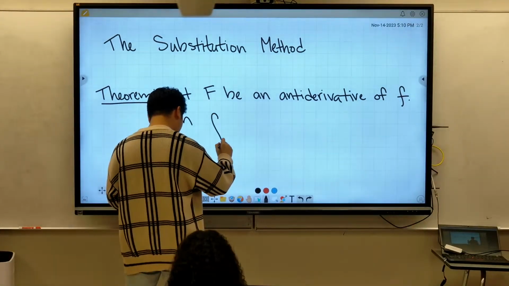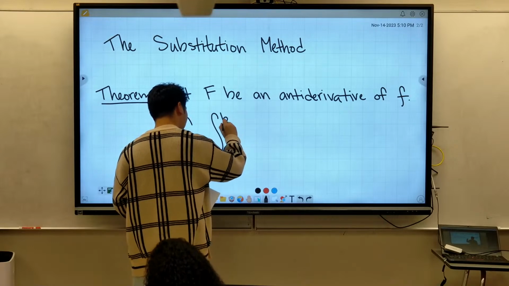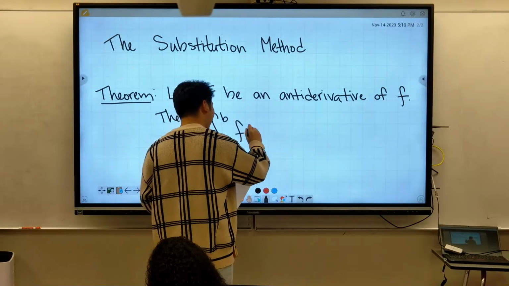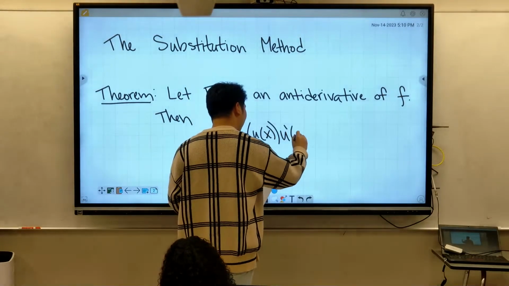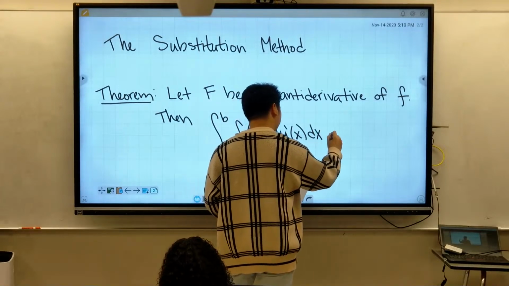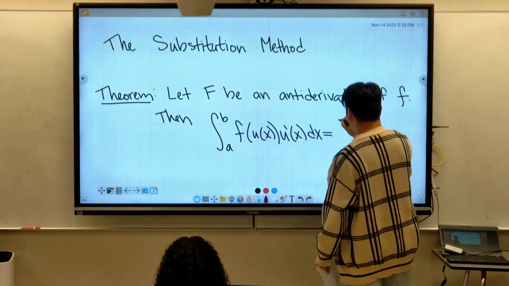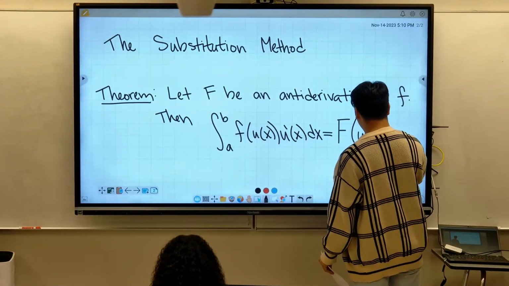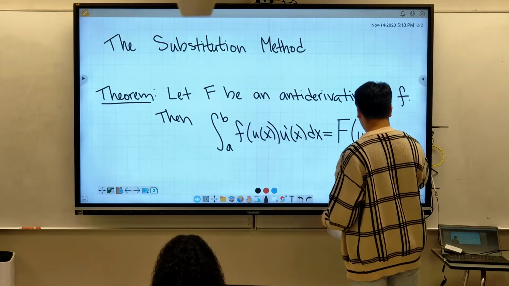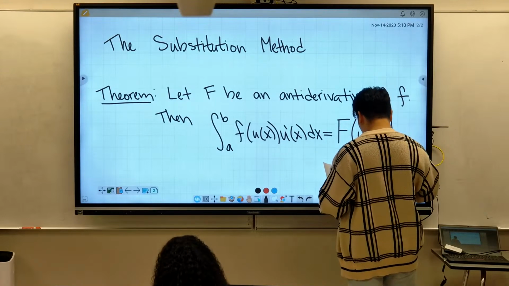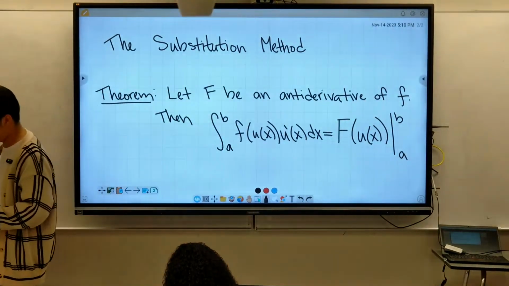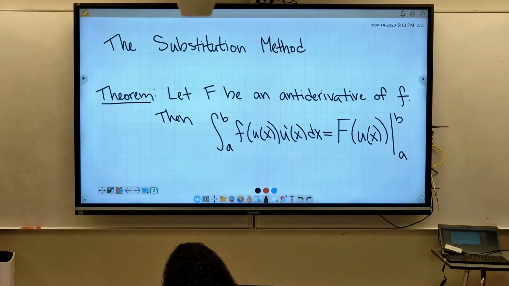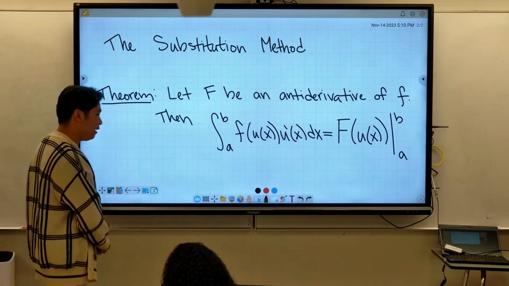The integral from a to b of f of u of x times u prime of x dx is equal to big F of u of x, from a to b. In other words, we'll focus on the exact notation here a little bit later, maybe not today.